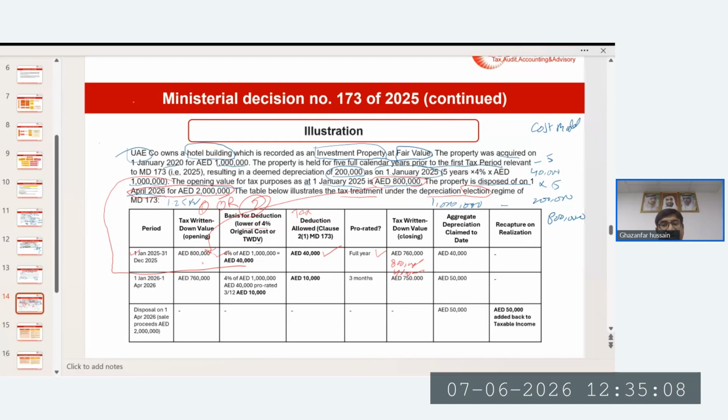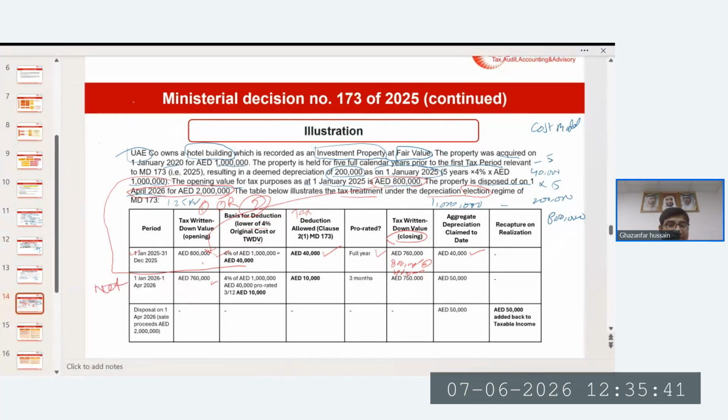Aggregated depreciation claimed to date: tax depreciation claimed is 40,000. Recapture on realization basis: no. Next, from Jan 26 till April, the tax written down value is the same. We calculate here; this is the closing value, as already mentioned. This will be the opening of next year.